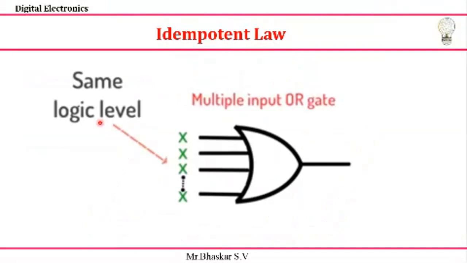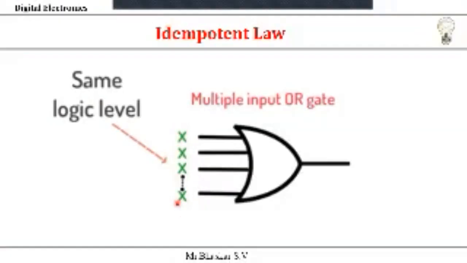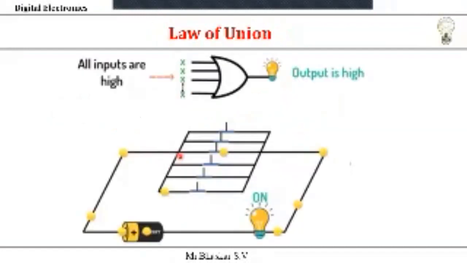Next, the idempotent law. Here we take the same logic levels, either 0 0 0 0 or 1 1 1, generally taken as x. I'm going to take a multiple-input OR gate. What output can we expect from this? If all inputs are high, the output is high, because in an OR gate all the switches are connected in parallel.